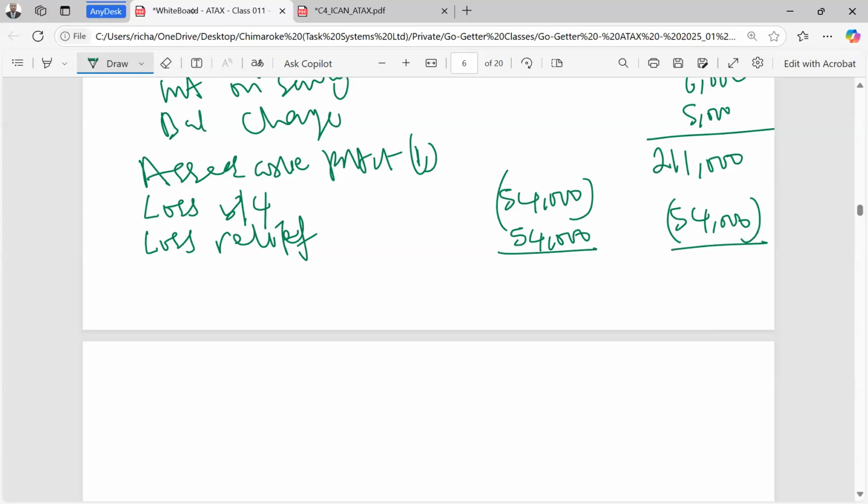Now, normally I usually write my accessible profit first here. That's what I did in the last one, but now I will do this first. This is the one that should be done first. Now you will say, this one is done. No loss is relieved, so no loss is carried forward. You do this one last.